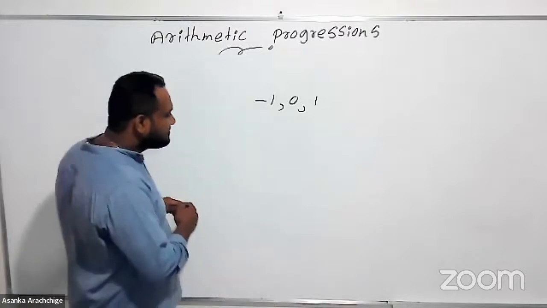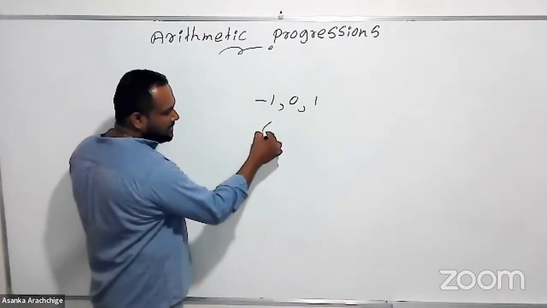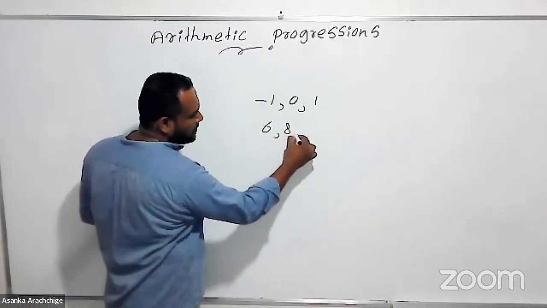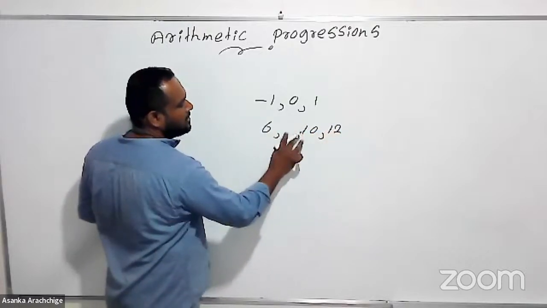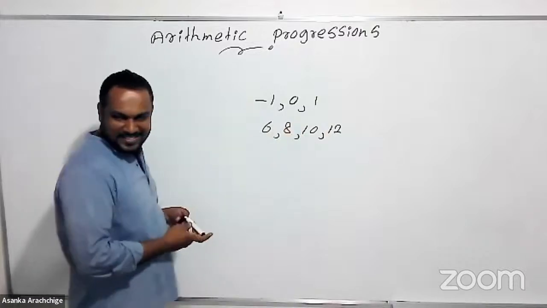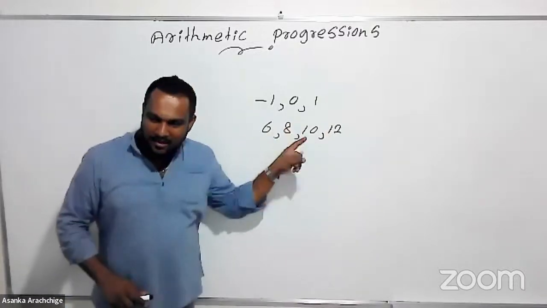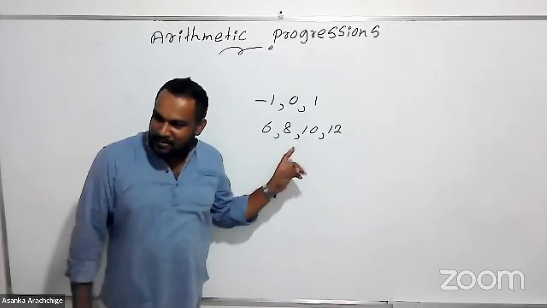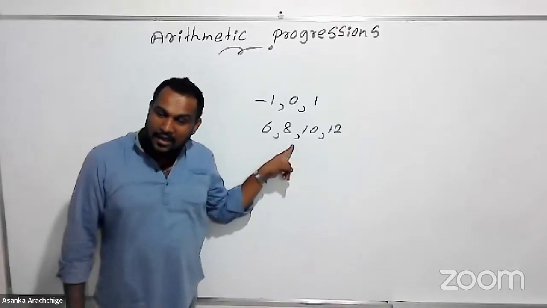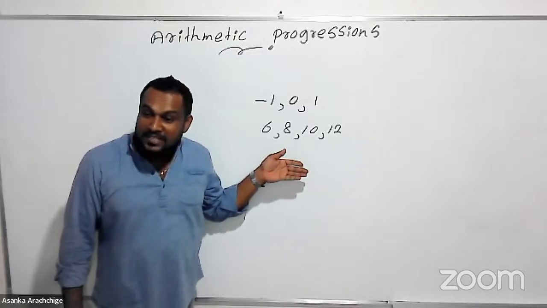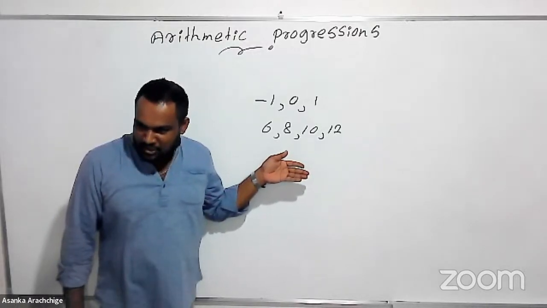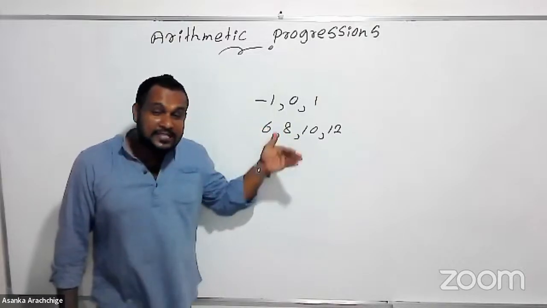Understood? Similarly, these are four consecutive terms of the pattern of even numbers, or you can also say the pattern of the multiples of 2. They are called consecutive terms.